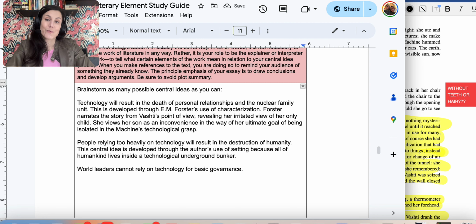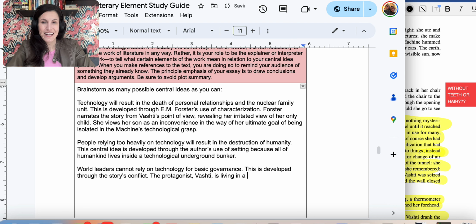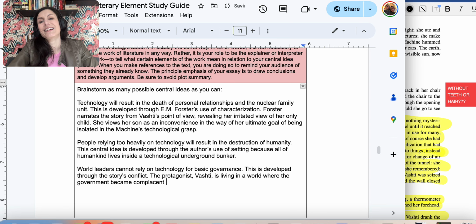And with this, we could say this is developed through the story's conflict. The protagonist, Vashti, is living in a world where the government became complacent, we'll just say complacent.